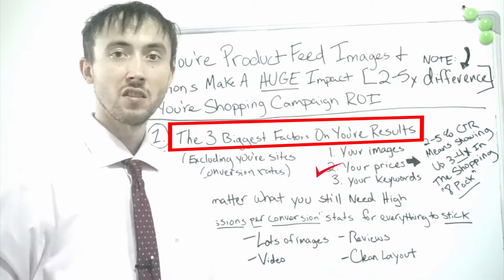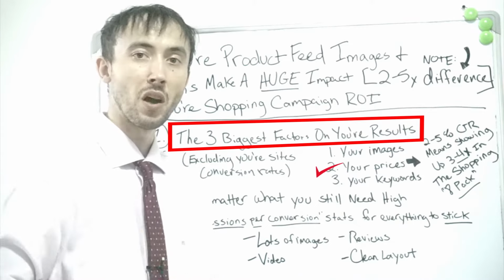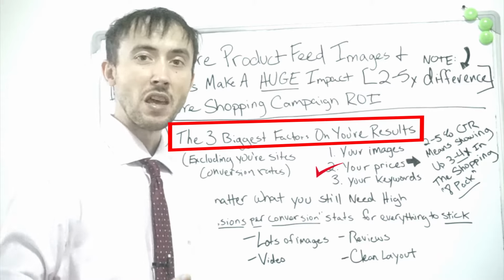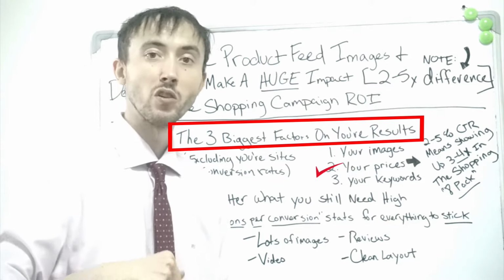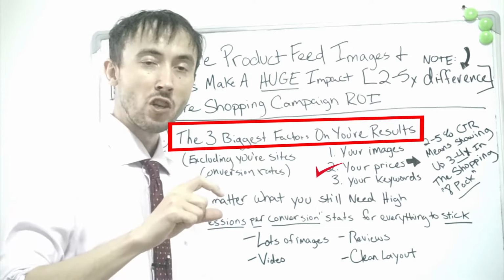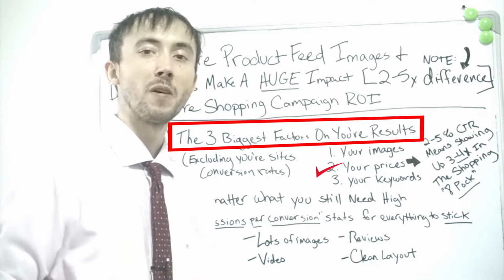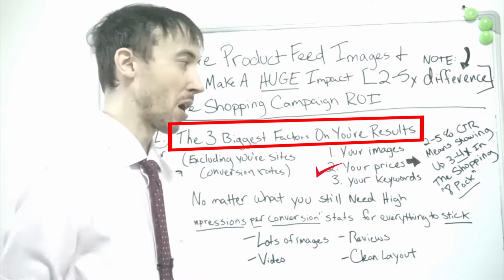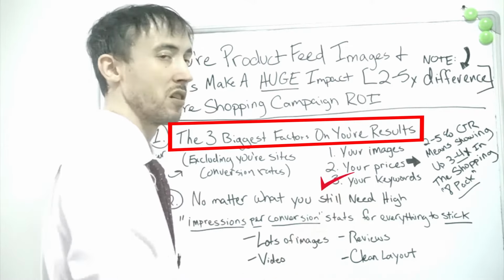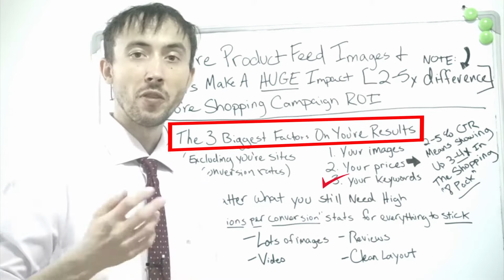Number two is the prices that you have with the product, so obviously that's not a variable that you can change per se, but you should consider it, ultimately, because one little change on your price can greatly affect how much money you're going to make from your shopping, and I'll explain why. And of course, number three is the keywords that you have with the shopping campaign.